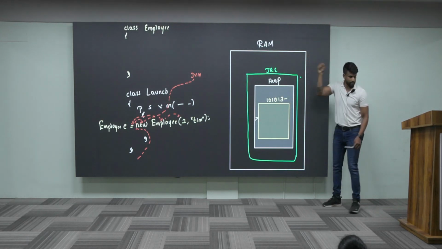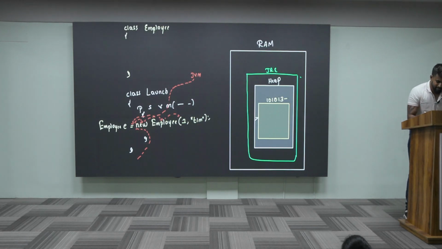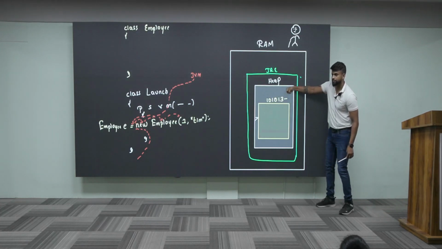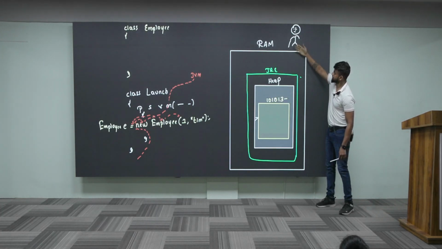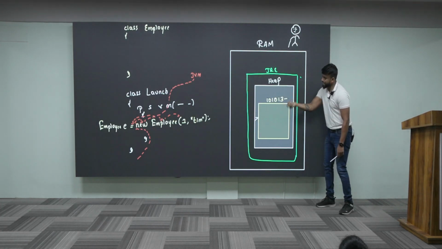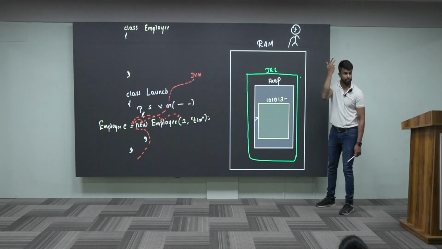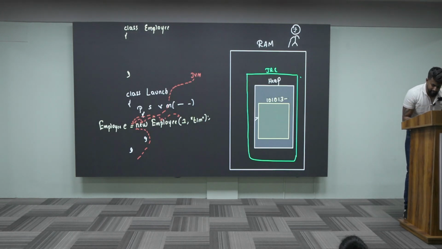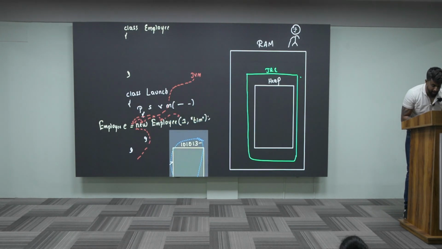So now one person will come. Who is he? One policeman will come now with a stick like this. What will he do, sir? He will come here and collect this garbage object. Or you can say he's just a cleaner of your heap segment. He will take that object away. Now tell me, this object, is it there? No. This is gone, gone from your RAM itself.